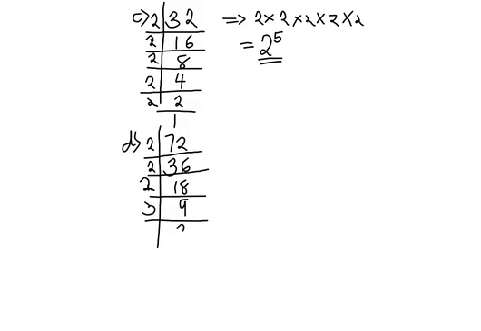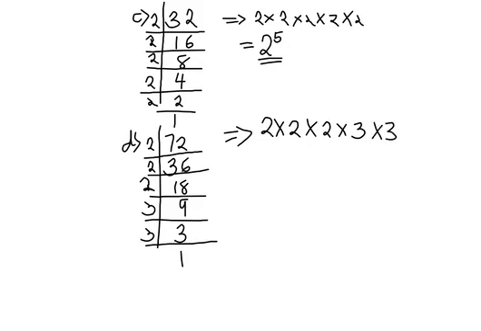By 3 we get 3. By 3 we have 1. So this can be written as 2 multiplied by 2 multiplied by 2 multiplied by 3 multiplied by 3. So this gives us 2 power 3 multiplied by 3 power 2.